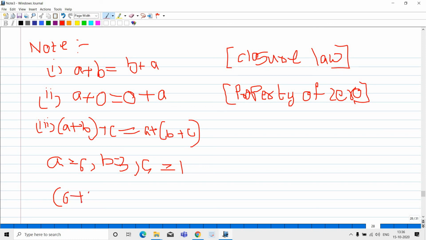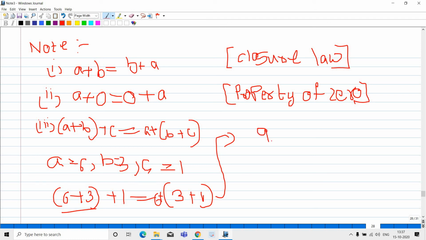So see here, 6 plus 3 plus 1 equals 6 plus 3 plus 1. In the bracket 6 plus 3 is 9, outside the bracket plus 1 is there. And 6 plus, in the bracket, 3 plus 1 is what? 4.